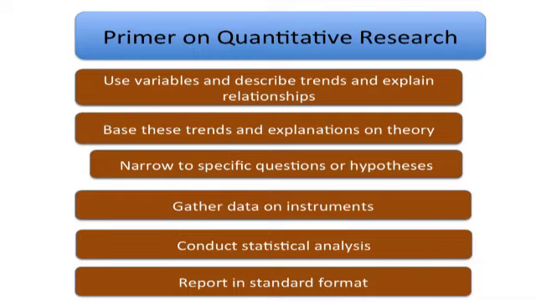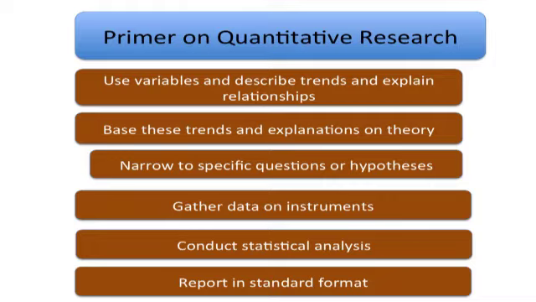And then you narrow your study to specific questions, or in some cases it might be hypotheses. You then gather data on instruments, close-ended instruments, such as an attitudinal scale. After gathering the data, you conduct statistical analysis that ranges from a very simple type of analysis like descriptive onto a more sophisticated analysis such as inferential statistics.